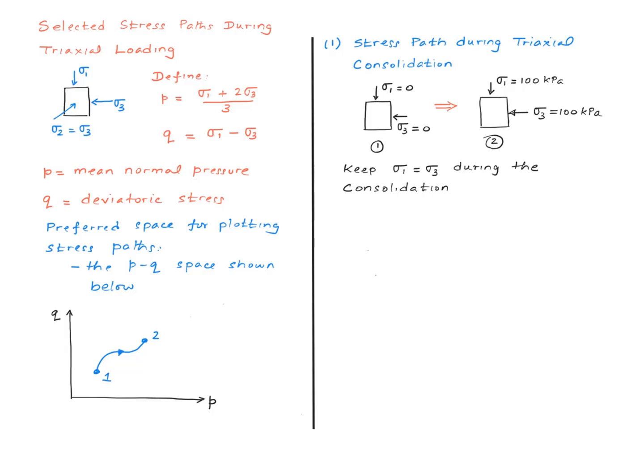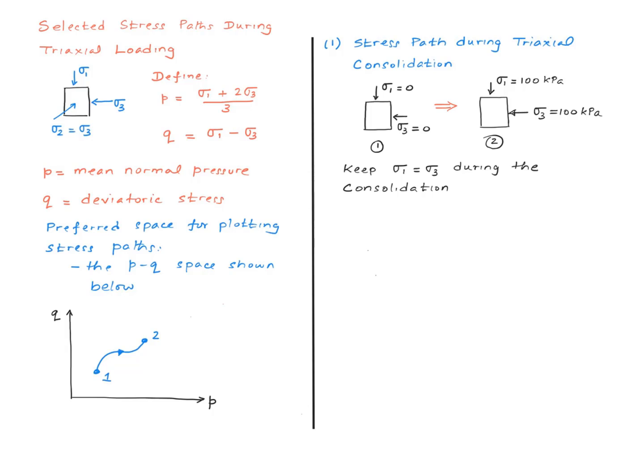So if I want to consolidate the specimen under, let's say, 100 kilopascal, we would gradually increase the cell pressure from 0 to 100 kilopascal like I have shown in this picture right here. Cell pressure is an all-around pressure and therefore sigma 1 and sigma 3 will increase simultaneously and therefore during the loading sigma 1 equals sigma 3.